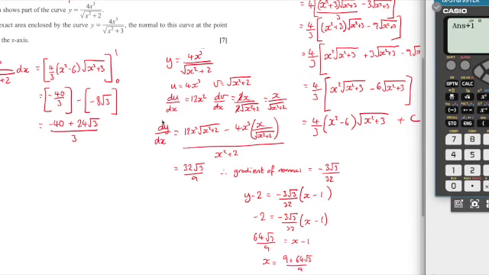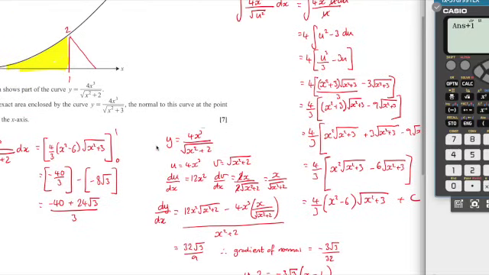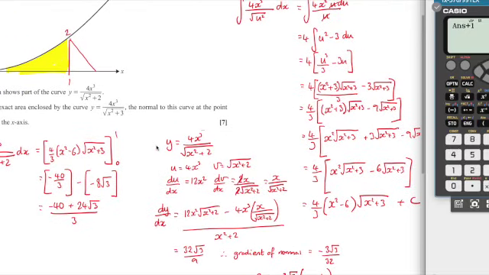So if we go back to our diagram, that means this is 9 plus 64 root 3 over 9. So therefore the area of the triangle is base times height over 2.